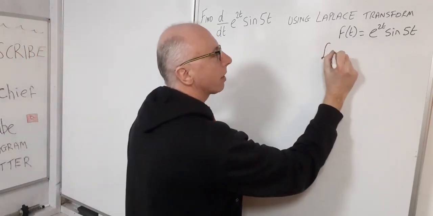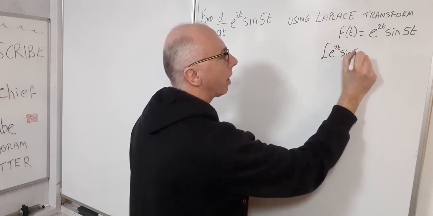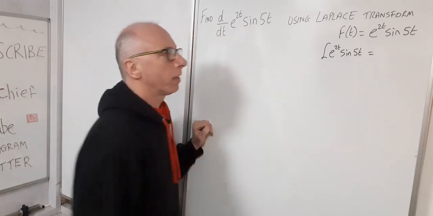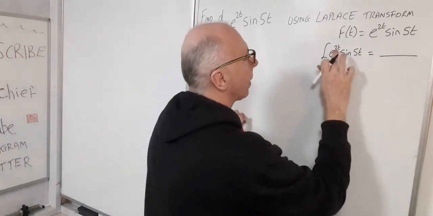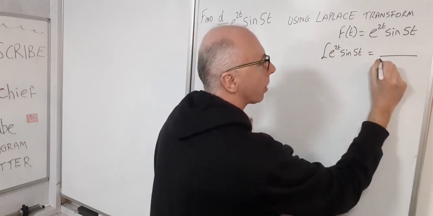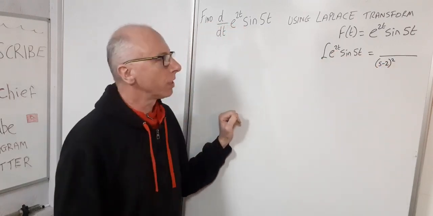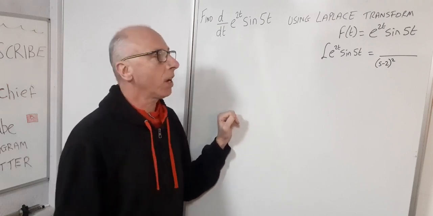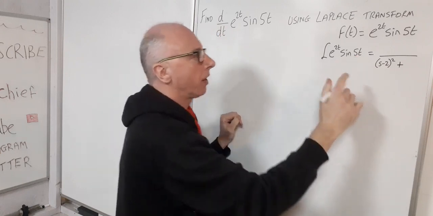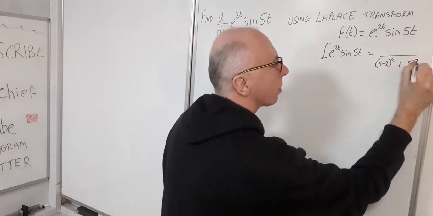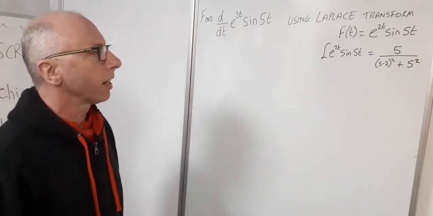The Laplace of e to the 2t sine 5t will give me a result of, so it's 2t in exponential, so I've got s minus 2 squared, that takes care of the 2t in there. And then for the sine part of things, the input for sine is 5, so I've got 5 squared and then 5 in my numerator.